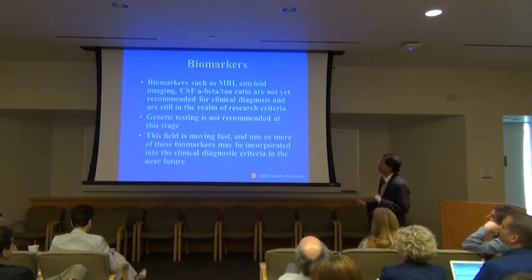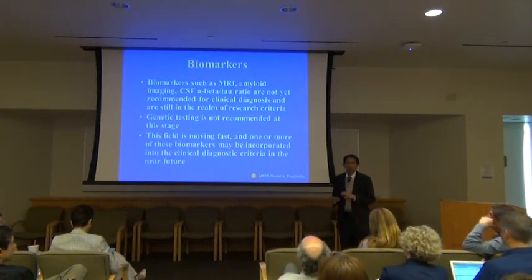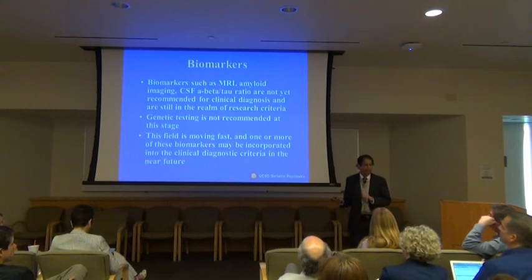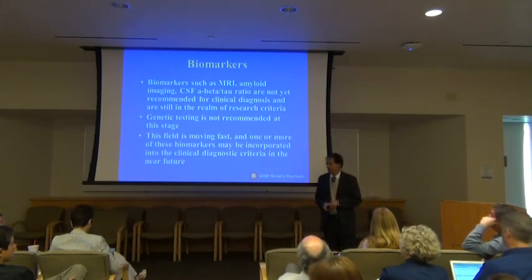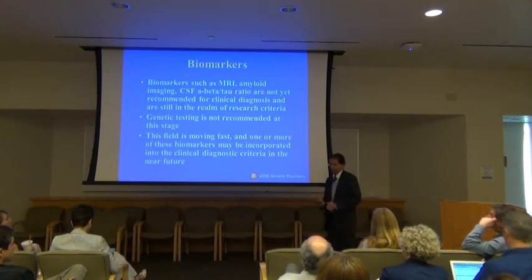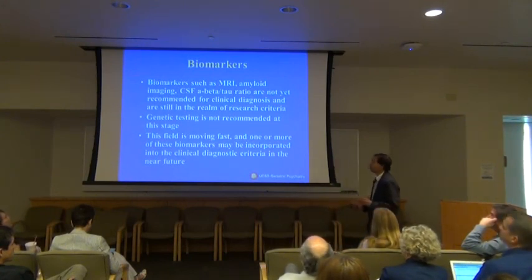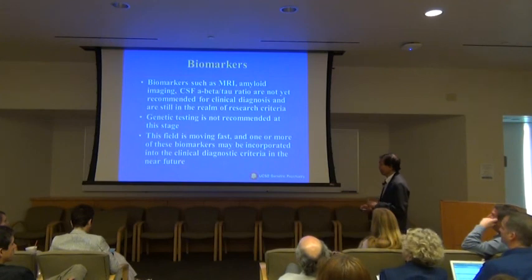Genetic testing is not recommended at this stage. ApoE4, I think most people know, is associated with increased risk of Alzheimer's, but increase in the sense that it's only 40%. So still, many people with Alzheimer's don't have ApoE4, and people with ApoE4 may not have Alzheimer's. As I said, the field is moving fast, and one or more of these biomarkers will be incorporated in the clinical diagnostic criteria in the near future.